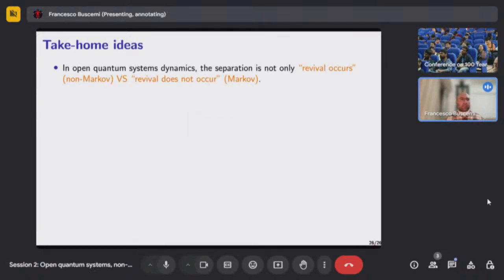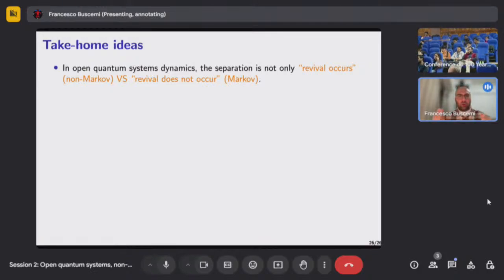So I would like to say that essentially there is an entire new area that I hope more people will start looking into, which is really the role of time-like correlations in open quantum system dynamics. Time-like correlations that can be understood really in terms of entanglement in time, which would be correlations that cause revivals that require a causal backflow to be explained.